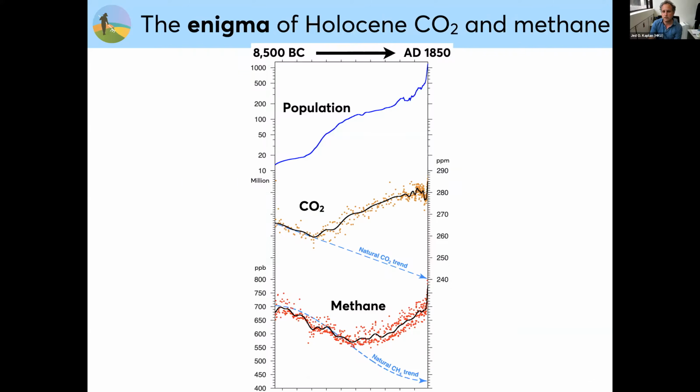So let's return to the enigma of Holocene CO2 and methane and try to understand what happened during this 8,000 year period before the Industrial Revolution that could have caused carbon dioxide and methane concentrations to depart from what we might expect them to have done under ordinary circumstances, under circumstances that we observed in previous interglacials.